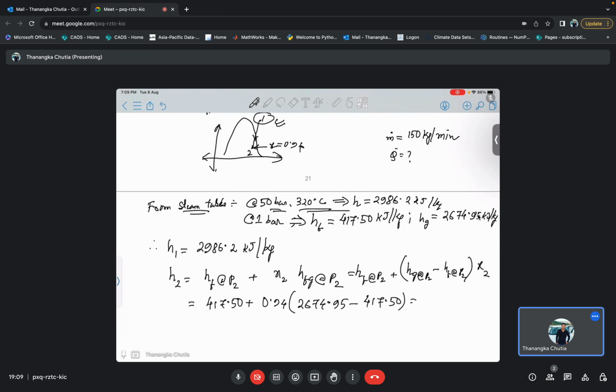So this is 2539.503 kilojoule per kg. So I have got H1, I have got H2, I have got C1, I have got C2.